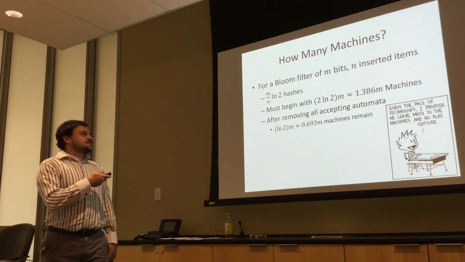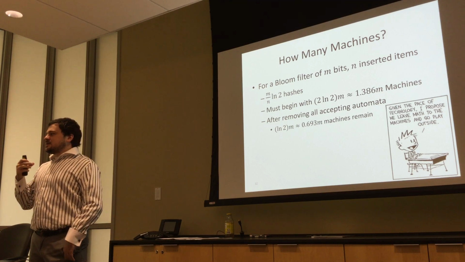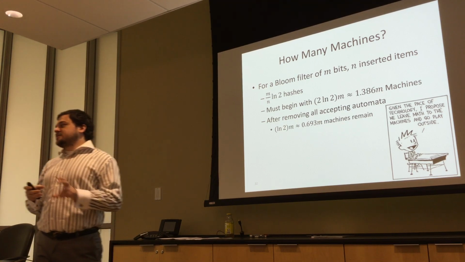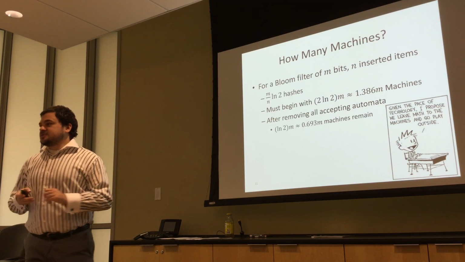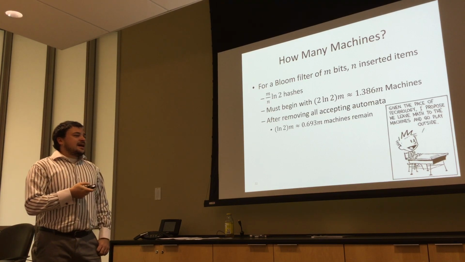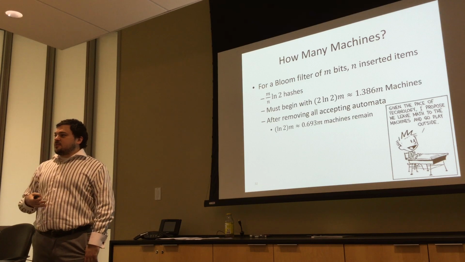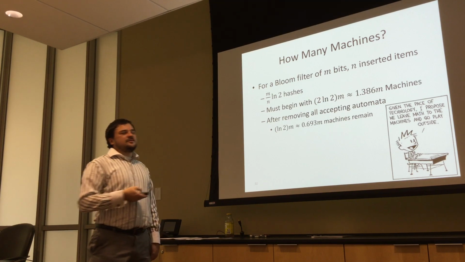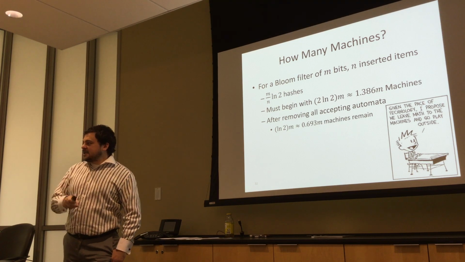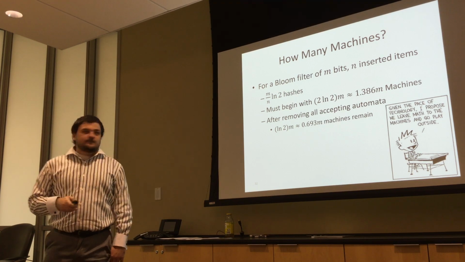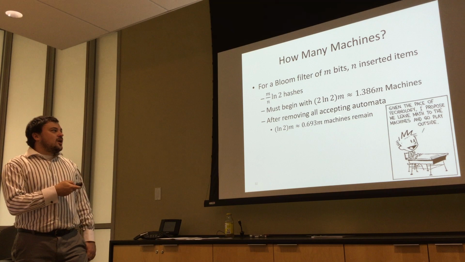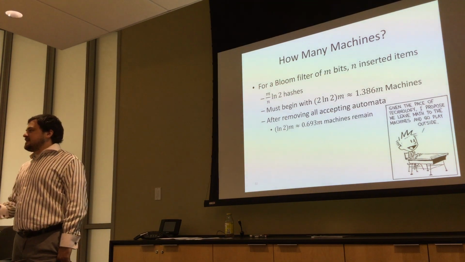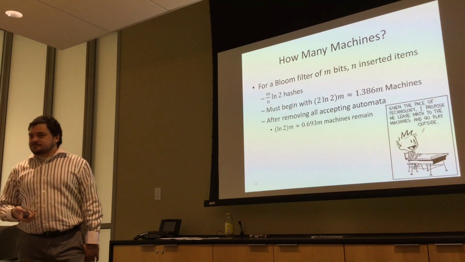So we're going to pick these parameters and try to show how many automata are needed to get the same false positive rate as traditional Bloom filters. And based on the construction that we have currently, that's going to require about 1.4 machines per bit in the Bloom filter. Now, after we insert all of the n items, we'll have about 0.7 remaining, which is how many we need to simulate for every query.